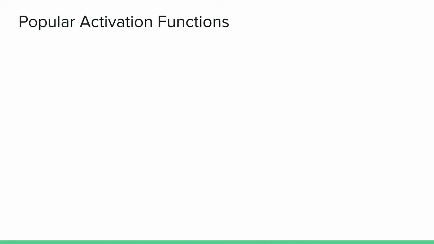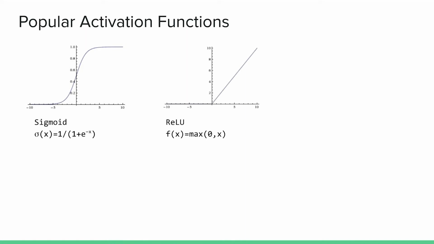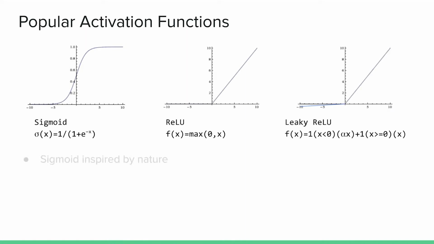The most popular activation functions include the sigmoid function, which is biologically inspired, the ReLU, and the leaky ReLU. Sigmoid, as I just said, is inspired by nature, so we can find this kind of sigmoid function in many natural neural networks.